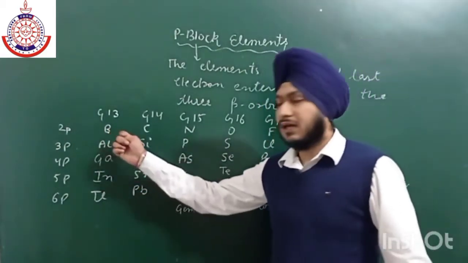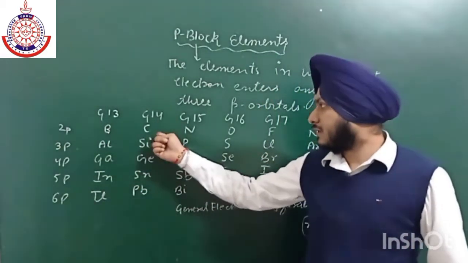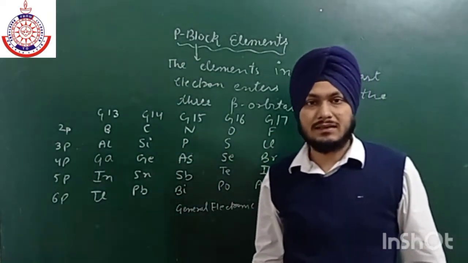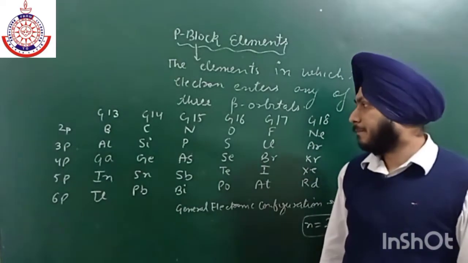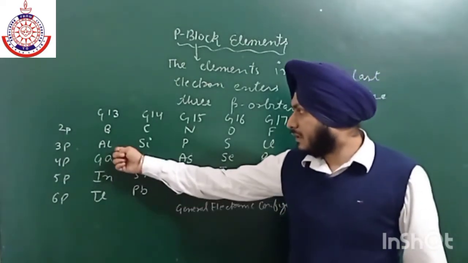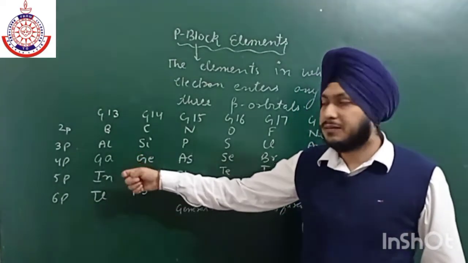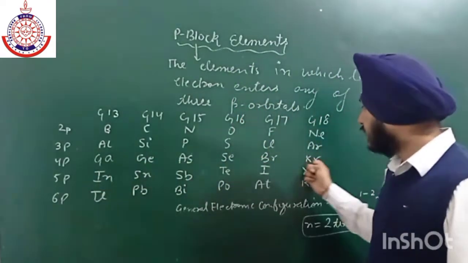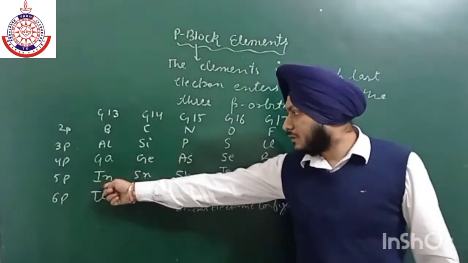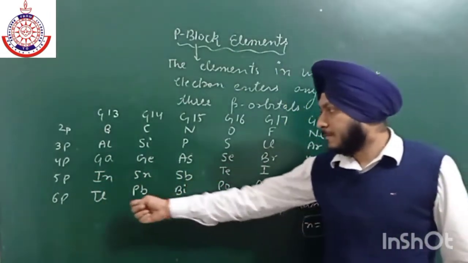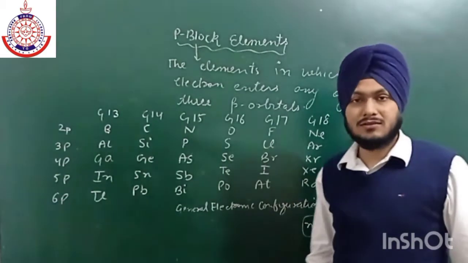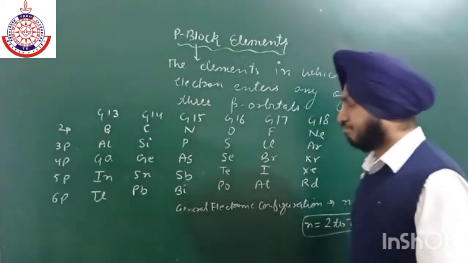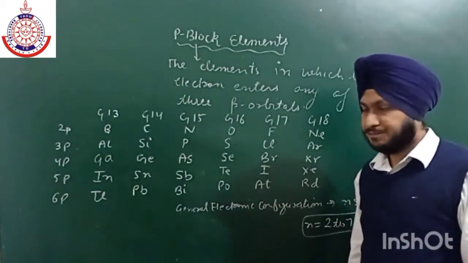In boron the last electron is in 2p. In carbon, nitrogen, oxygen, fluorine, and neon, the last electron enters the 2p. Similarly, aluminium has 3p, then gallium 4p, and indium 5p. So this is all about their electronic configuration.